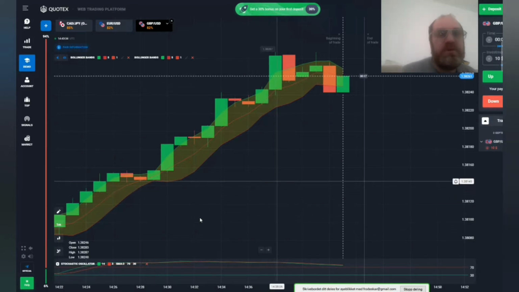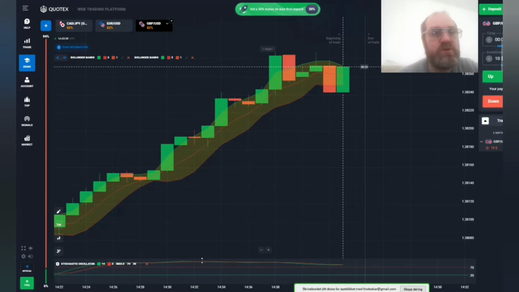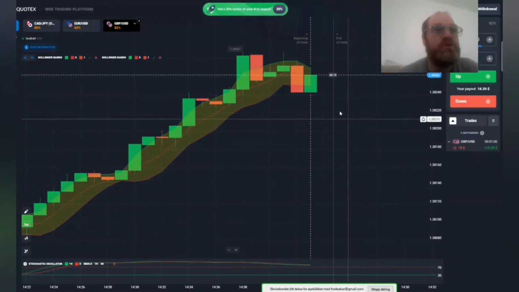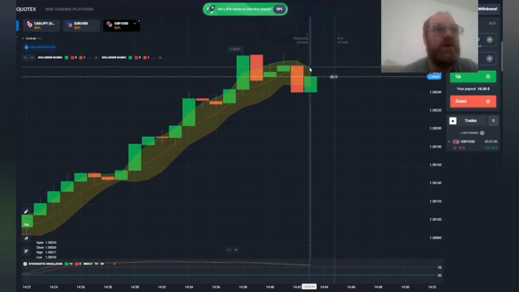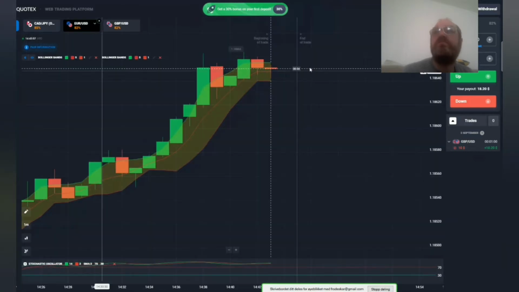The way we are trading is that when we are high in the stochastic, we are basically looking for a down. And I also want to be outside of the Bollinger Band to do a short, you know. So now we have done this one. Let's see if we can find another trade here.